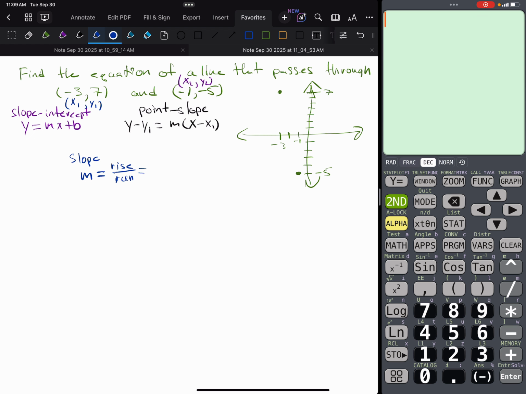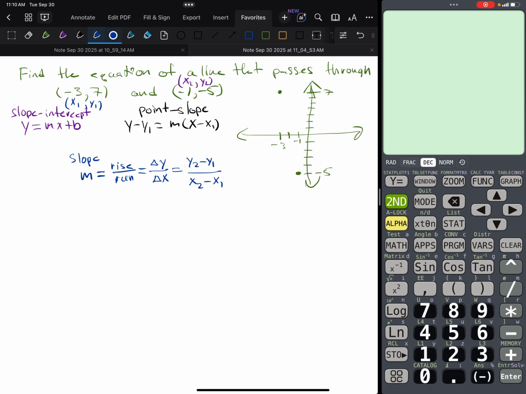The more technical way to say that would be change in y, because that's my vertical change, over change in x. We always use that capital delta for change in. Change in y always translates to y2 minus y1, divided by change in x, which always translates to x2 minus x1. So rise over run takes us to delta y over delta x, and that takes us to y2 minus y1 over x2 minus x1.